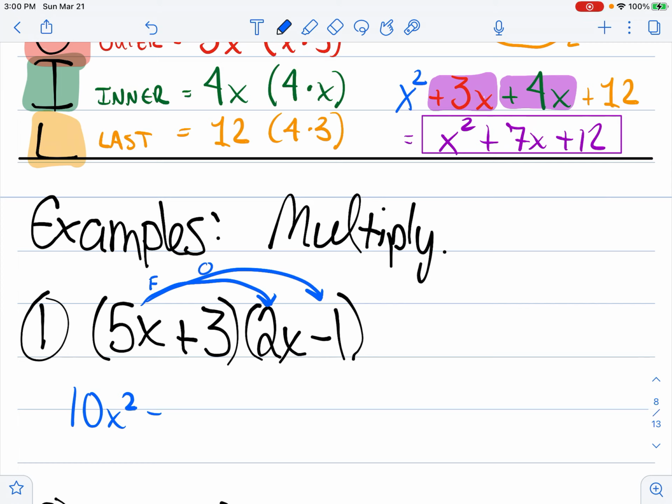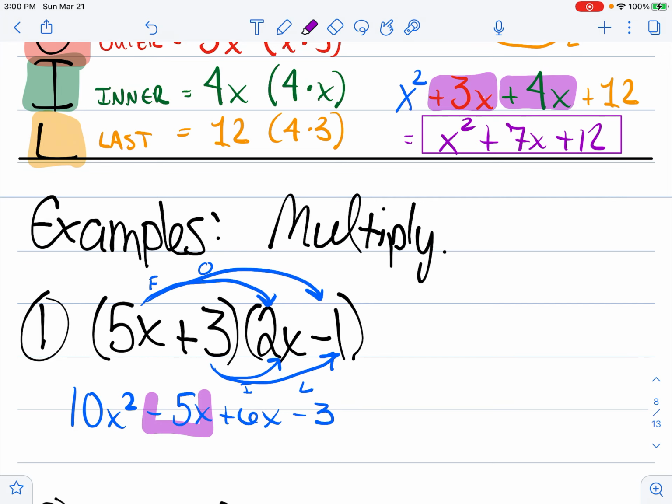I get negative 5x. I'm going to then do 3 times 2x for the inner terms. Okay, and I get plus 6x. And then lastly, I'm going to do the last terms, which becomes 3 times negative 1, which is negative 3.